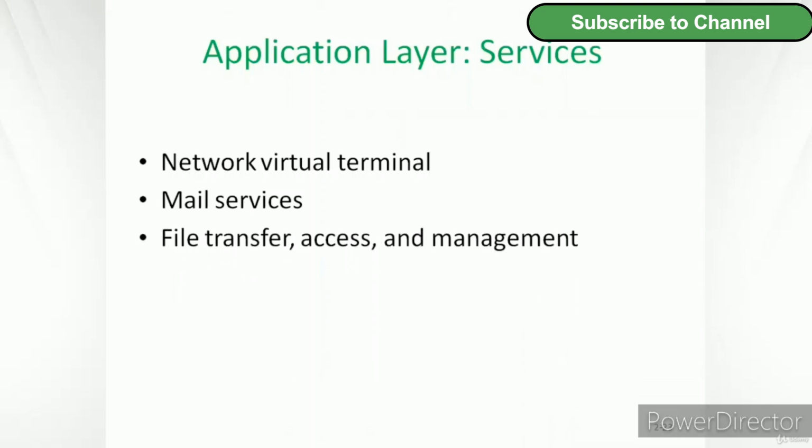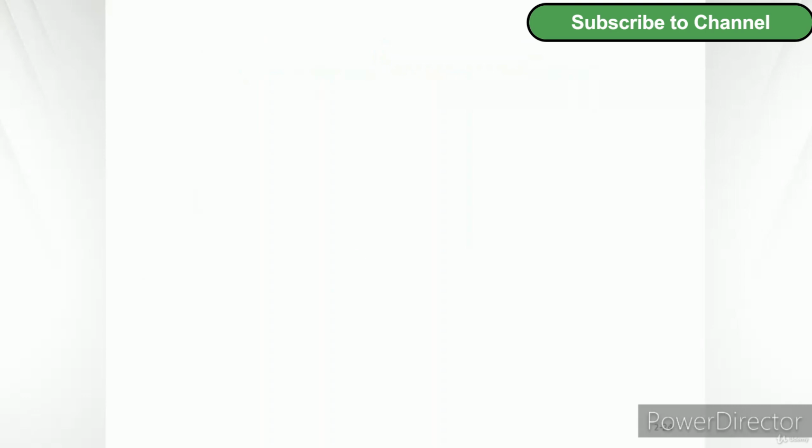Then file transfer, access, and management. The protocol used here is FTP, file transfer protocol, and by that you can transfer the file, access the file, and handle the overall management of it. Then directory services: it is also responsible for the directory services.